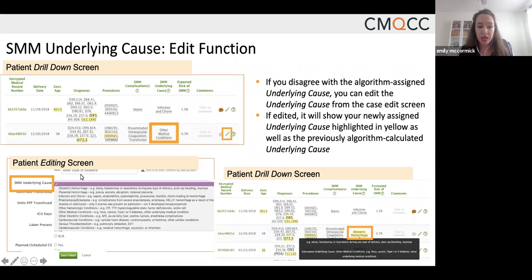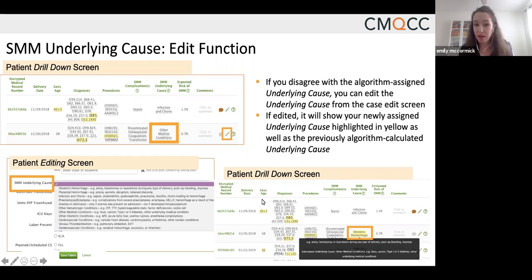It will take me to the patient editing screen, and you'll see a drop-down menu here where you can select the underlying cause that you want to attribute for this patient. Once you save that, then it will now show up as highlighted yellow to reflect that it has been changed. And if you hover over it, you'll see what the original calculated underlying cause was based on the algorithm, but it will reflect what you actually assign.